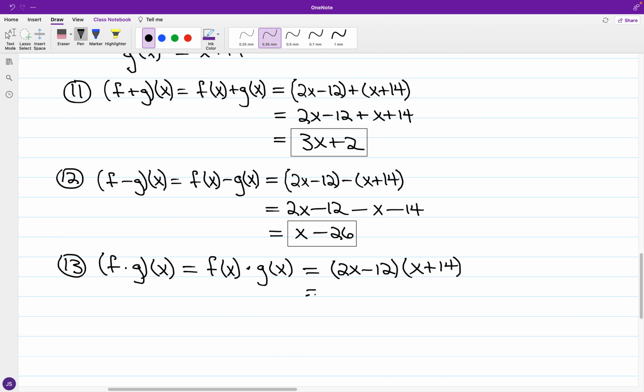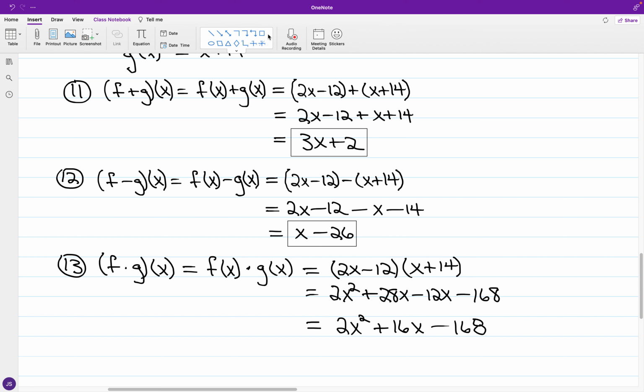Taking the FOIL method, 2x times x is 2x squared, and 2x times 14 is 28x. We have minus 12x, and negative 12 times 14 is a highly negative value, minus 168. Combining the first-order x terms, we come out to 2x squared plus 16x minus 168.